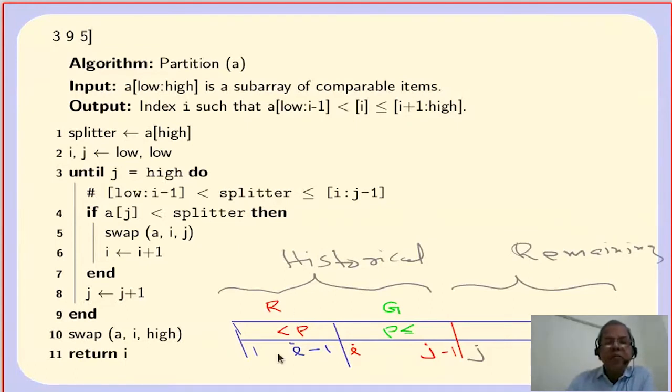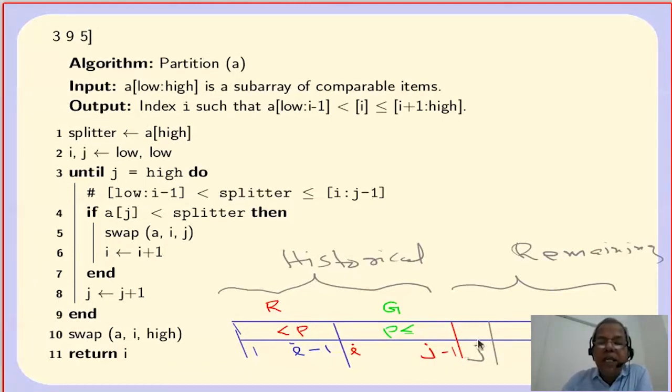So after some time, I would have read elements 1, 2, 3, and so on up to j minus 1. And somehow I have partitioned them into 1 to i minus 1 less than the pivot, i to j minus 1 greater than or equal to the pivot. Now I am considering the jth element. So the historical input grows by 1.